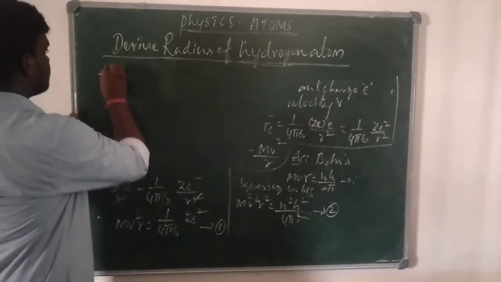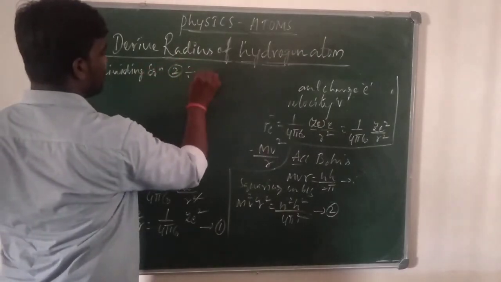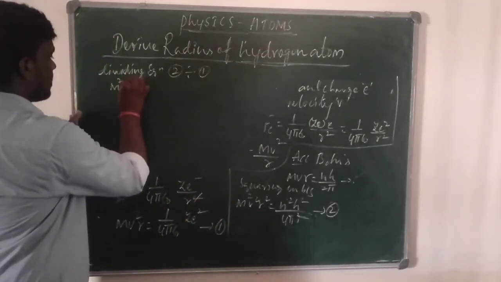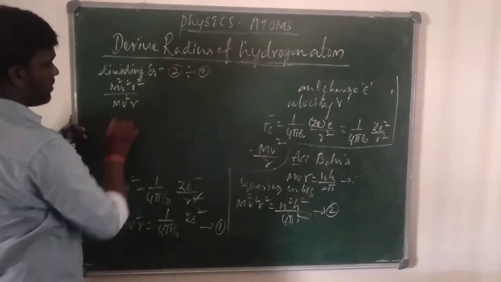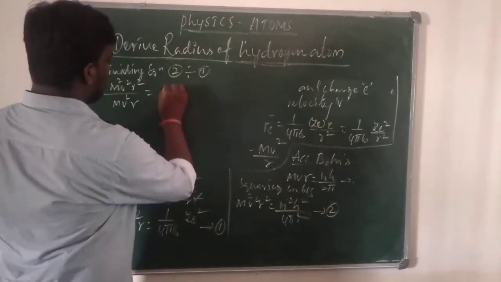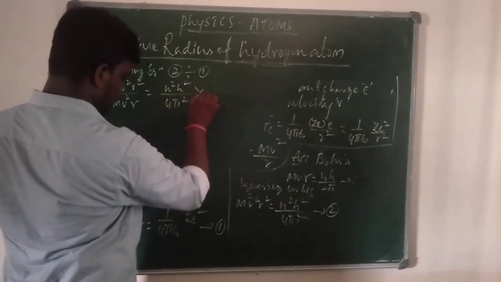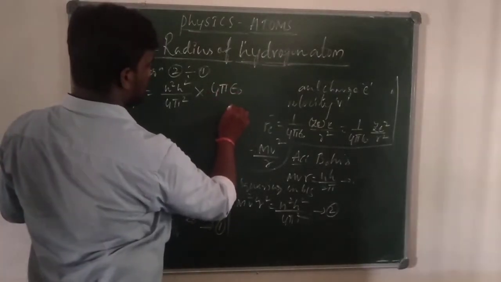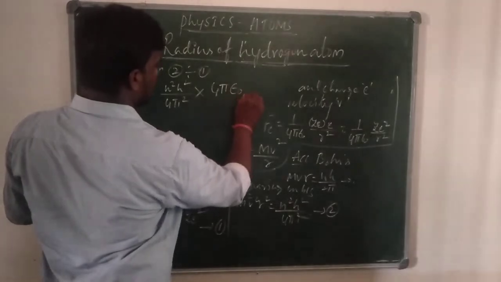Now dividing equation 2 by equation 1. Equation 2 is m square v square r square, divided by equation 1, which is mv square r, is equal to n square h square by 4 pi square into 4 pi epsilon naught by Ze square.